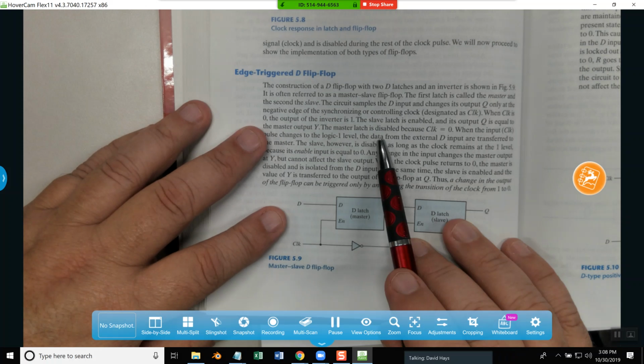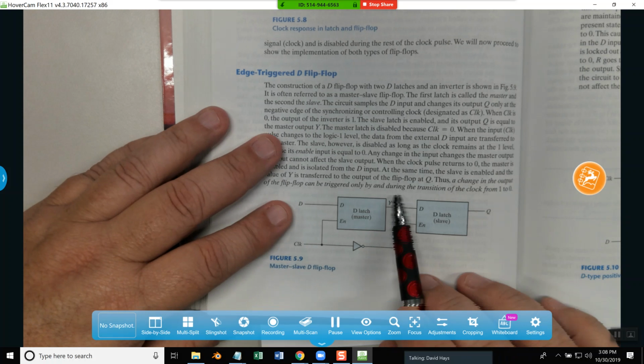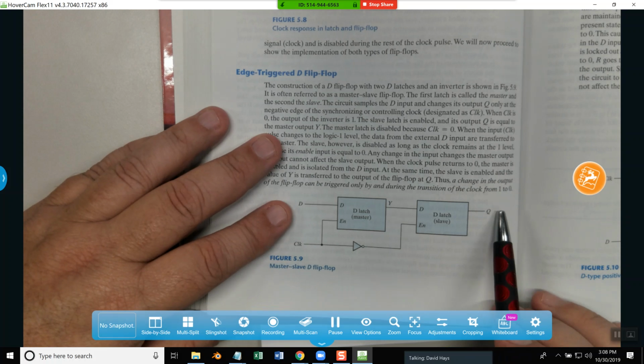When the input clock changes to the logic 1 level, the 1 comes in here, which means this is enabled. That means D is passing in and being stored in this memory location. But the slave is disabled because the 1 coming in inverts, becomes a 0 and comes over here, so this sets this down.